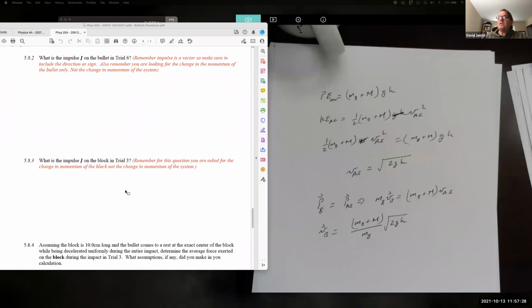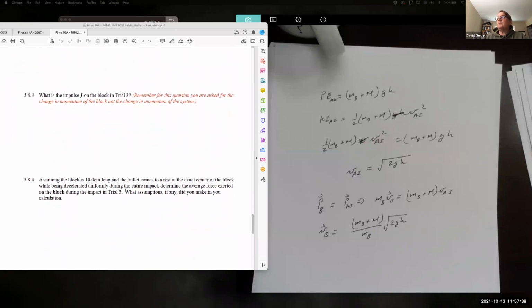That's the change in momentum of the block, not the change in momentum of the system. You're going to assume the block is 10 centimeters long, and the bullet comes to rest at the exact center of the block, while being decelerated uniformly during the entire impact.